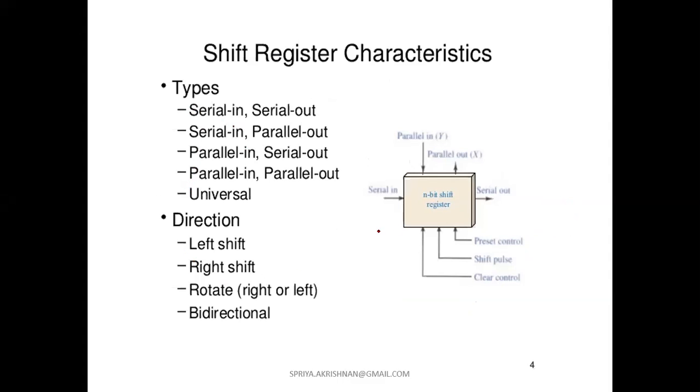And I can still do the shift, like left shift and then right shift, and then rotate right, rotate left, then bidirectional, both directions. So I can rotate my data from here to here, and also to here, or in both directions.